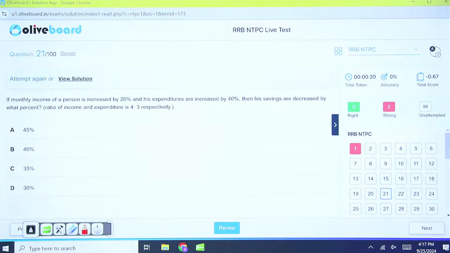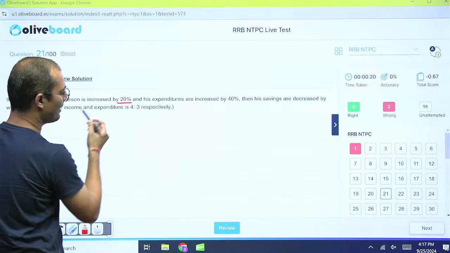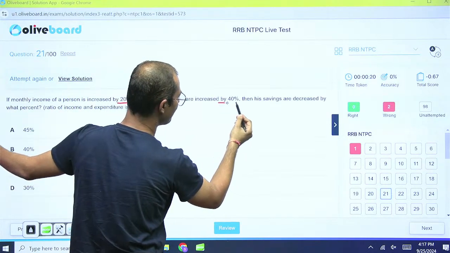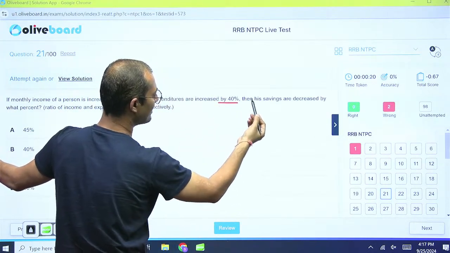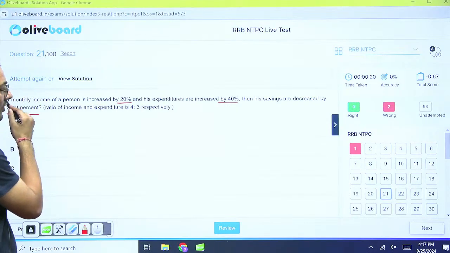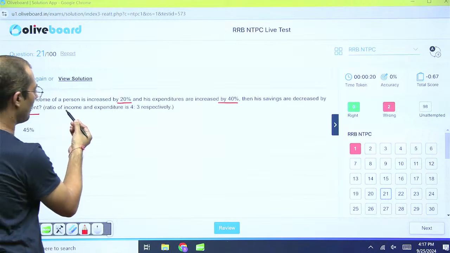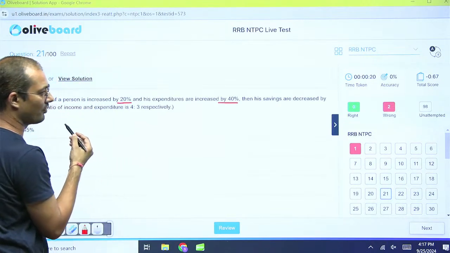Here the question is saying, if the monthly income of a person is increased by 20% and his expenditure is increased by 40%, then his saving is decreased by what percent? What will be the change in his saving if the ratio of income and expenditure is 4:3?